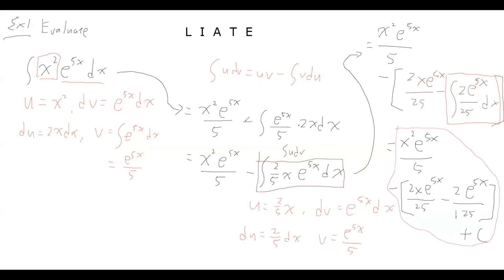So notice that after two times of integration by parts, the remaining integral does not have the algebraic part anymore. It's just the exponential, the e to the 5x left, right? And from this point on, we can just perform simple integration and get to the result we wanted.